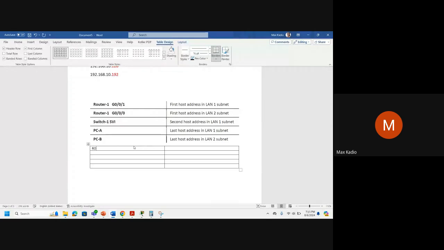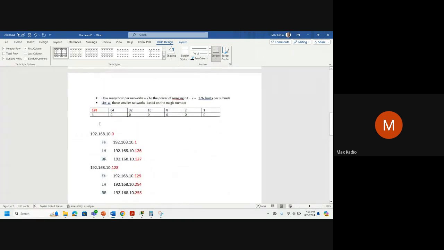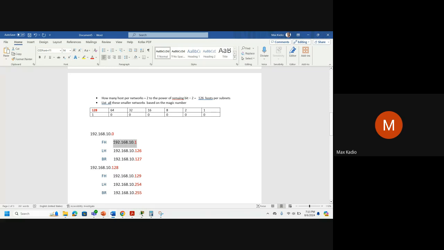So router 1, G0/1, we say first host address in LAN 1 subnet. Okay, what is LAN 1? First host. So this is our first network, the first host, /25.